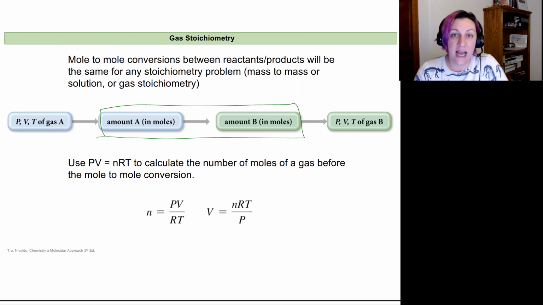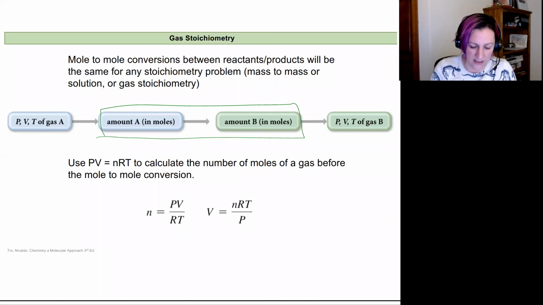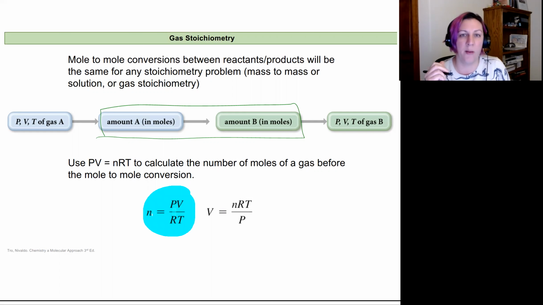But what we'll do with these gas stoichiometry problems is use PV=nRT, the ideal gas law, to calculate the number of moles of a gas, to then allow us to do that mole to mole conversion. So rearranging our ideal gas law, I think especially for these gas stoichiometry problems, it's important to remember the version that has n, number of moles, isolated on one side. And we can use that.